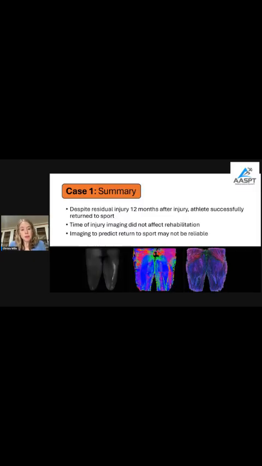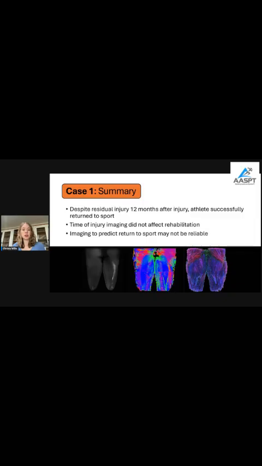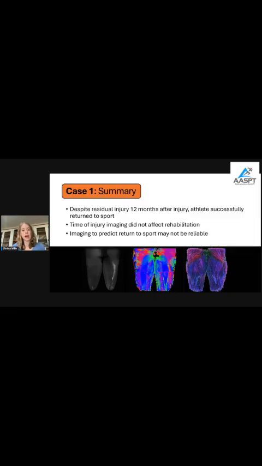And to wrap up this slide, despite that residual injury about 14 months after, he was able to continue to perform successfully. Currently, the conventional imaging methods, which we saw on the screen, a T1 and T2 image, may be limited in their ability to predict some long-term outcomes.